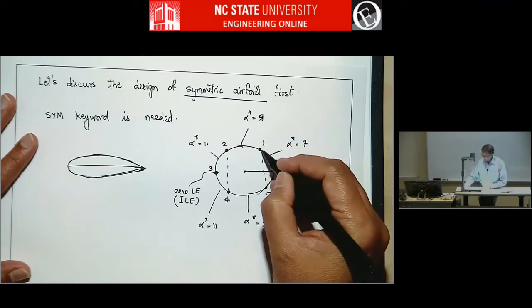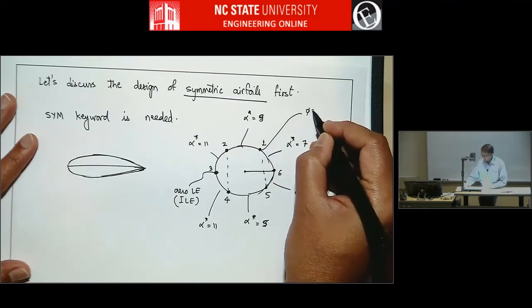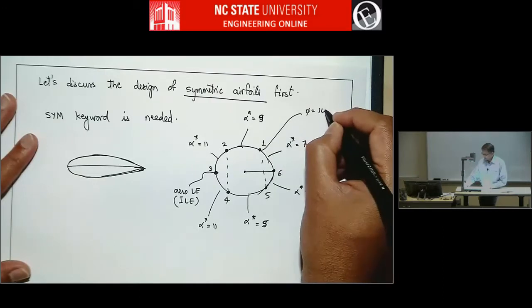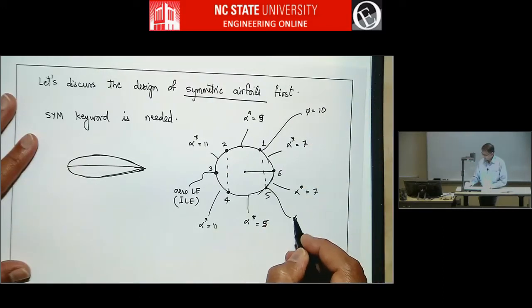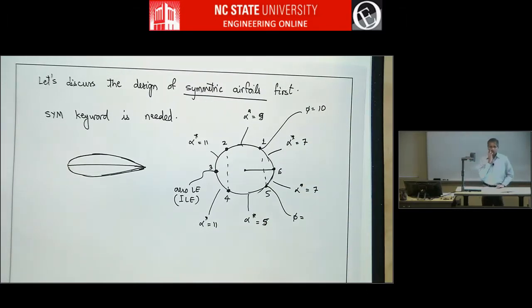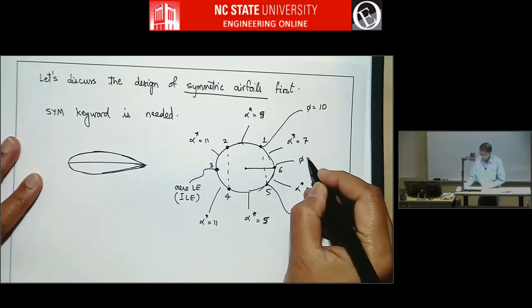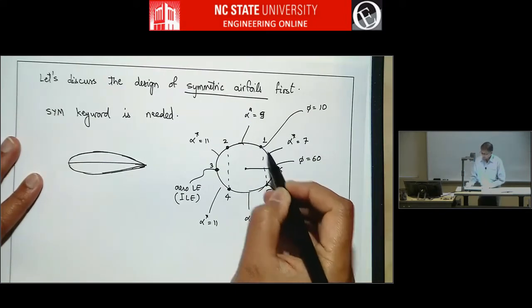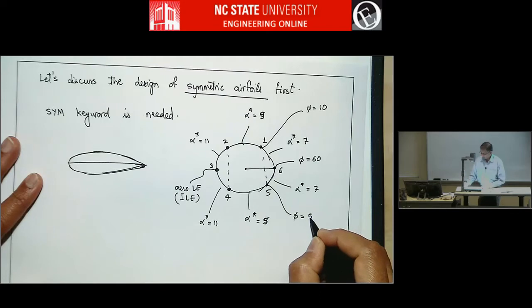Like that, if this is phi of, let's say 10, then this should be phi of what? 50, right? Because this is 60. So if this is 10 this way, then this has to be 10 this way, so this has to be 50.